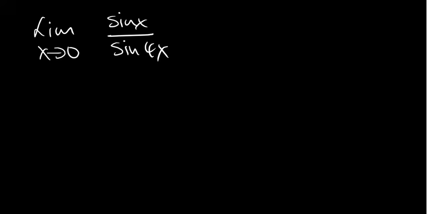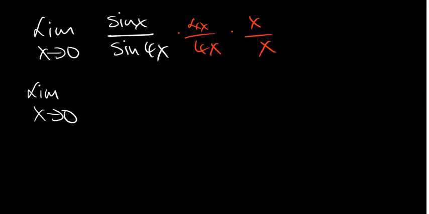So what we're going to do is we will multiply by 4x over 4x, and then x over x. I have done that, I've already shown you why. So therefore, on the next step, the limit as x approaches 0. So I can combine them. Let me group sine of x with over x.